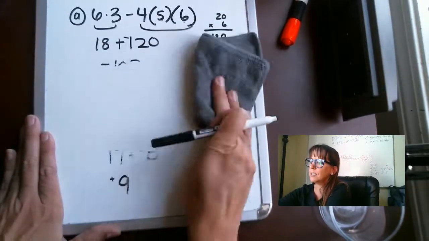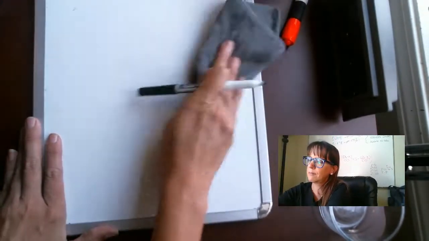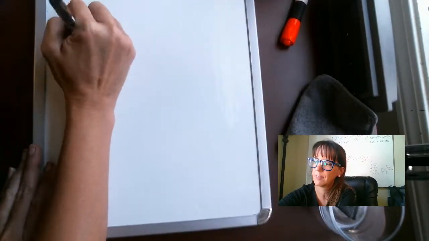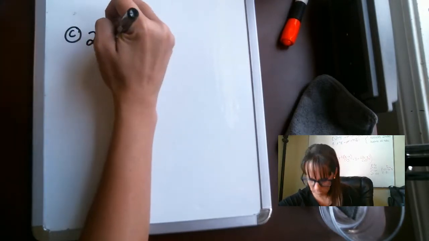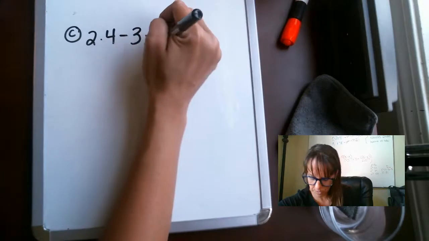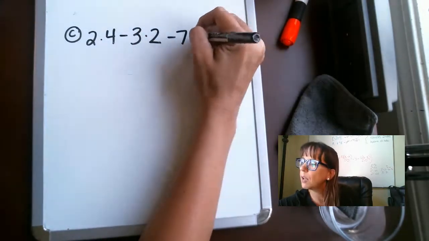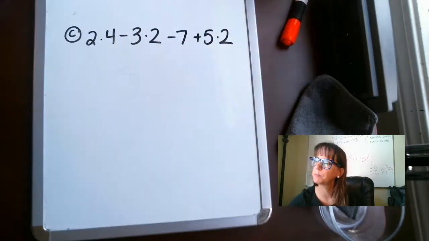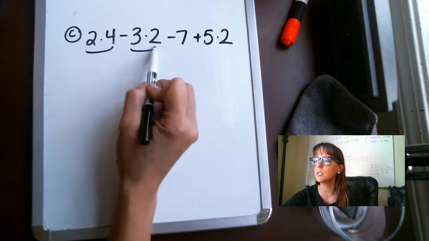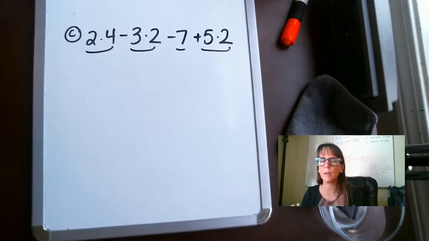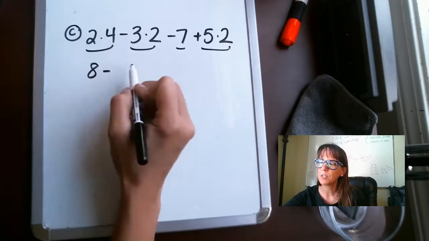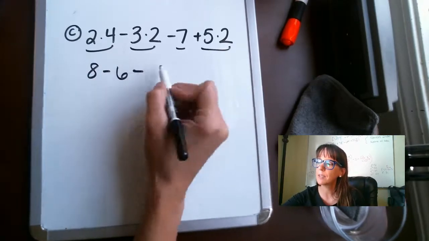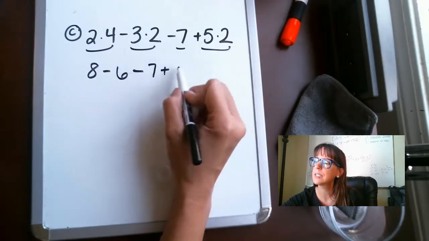All right, so let's look at C here. Two times 4 minus 3 times 2 minus 7 plus 5 times 2. All right, we got some chunks here. We got this chunk, and this chunk, and this chunk. So we got 4 chunks. First chunk, we get an 8 minus, because we bring down our sign, 6 minus 7 plus 10.